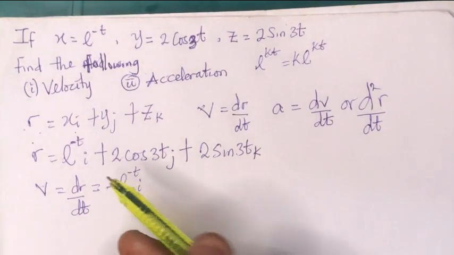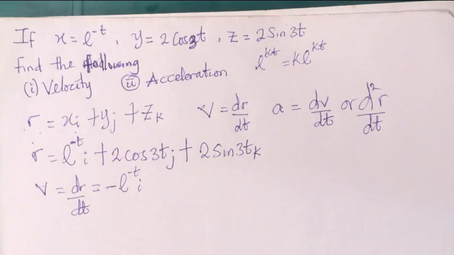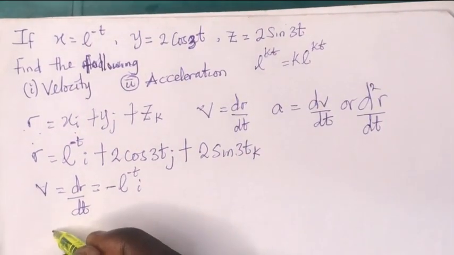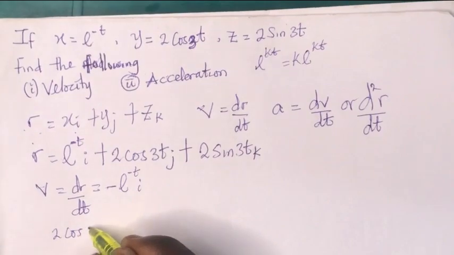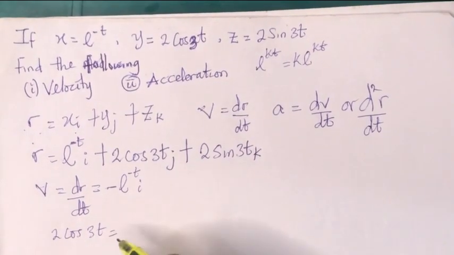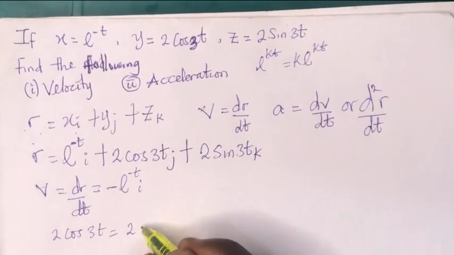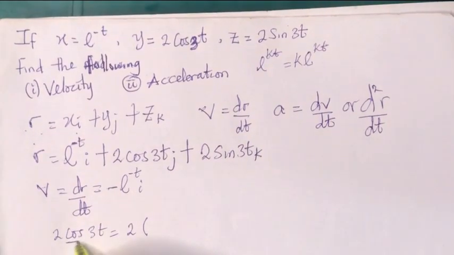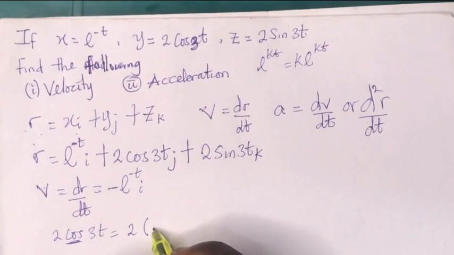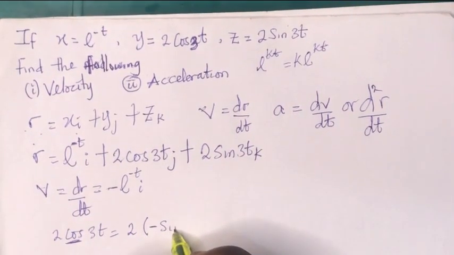Now if you differentiate 2 cos 3t using the chain rule, you can click on the link under the description for the video on the shortcut for doing the chain rule. So I have 2 cos 3t. If you have to differentiate that, write this 2, open bracket, differentiate cos. If you differentiate cos, you are going to have what? Minus sine.